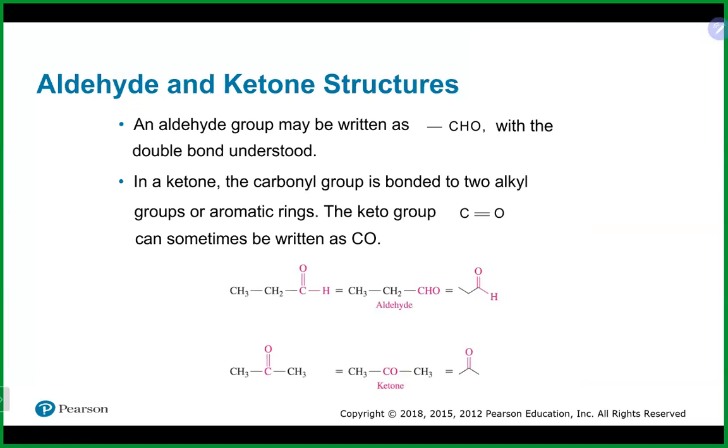So aldehydes may sometimes be written CHO, and if you see that CHO, it is basically this group there. Sometimes in formulas we write it like that, and sometimes in condensed formulas, although most people will draw out the bond even in condensed formulas. A ketone, the carbonyl group bonded to two alkyl groups or an aromatic ring, will have that CO written.